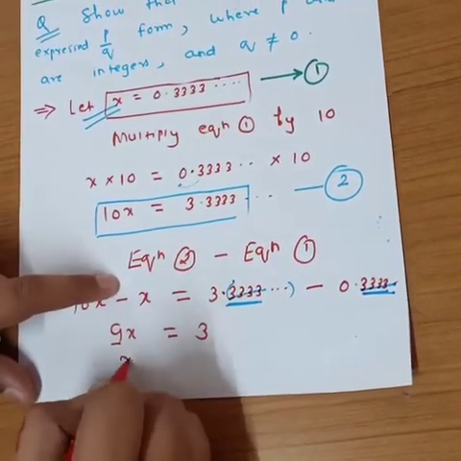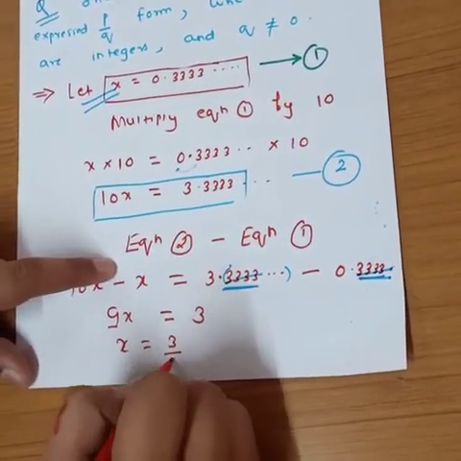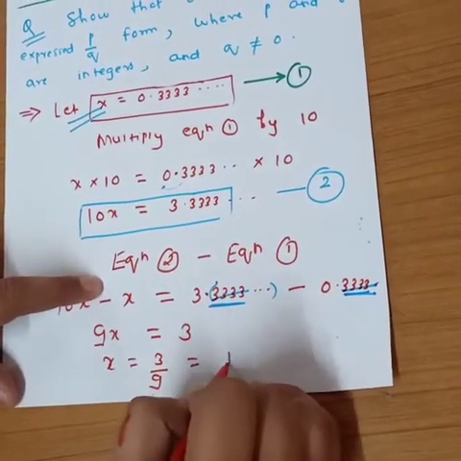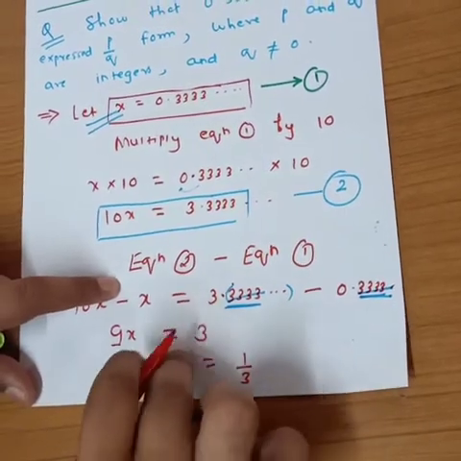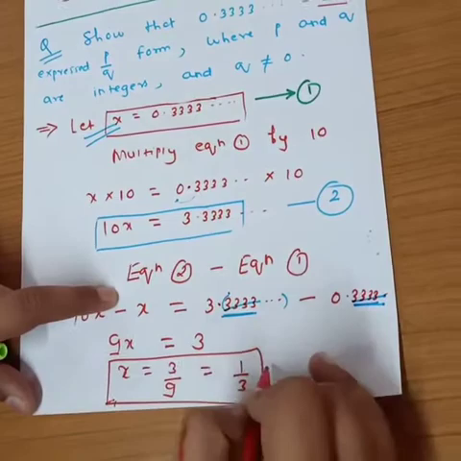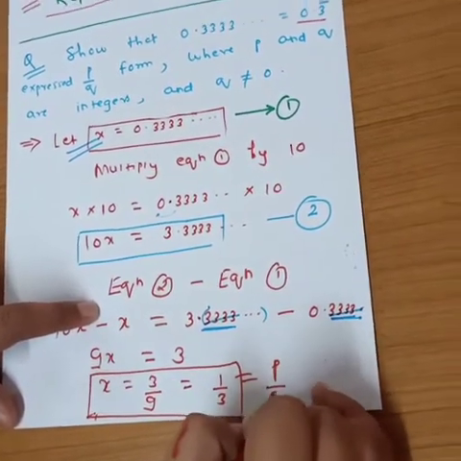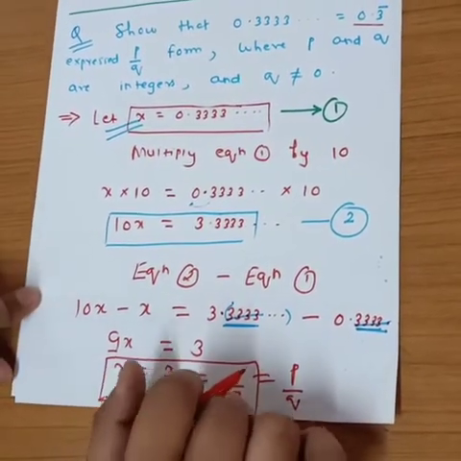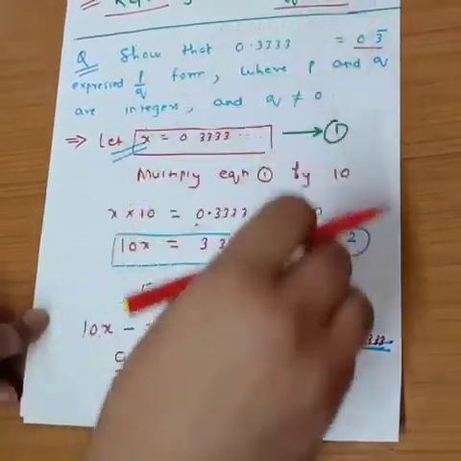So x equals 3 upon 9. When 9 shifts to this side, it divides. When you factorize it, 3 ones are 3, 3 threes are 9. So the value of x is 1 by 3, where p equals 1 and q equals 3. This is how we have converted this decimal into a rational number.